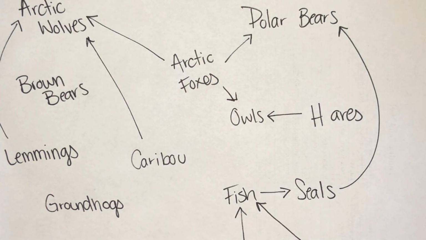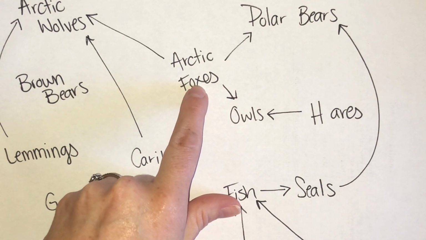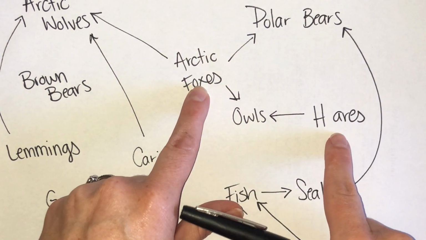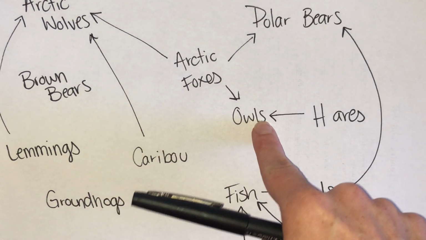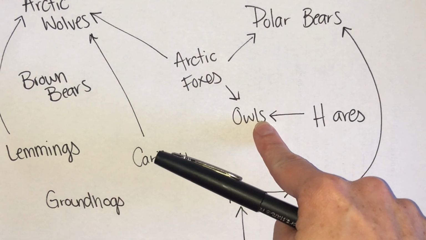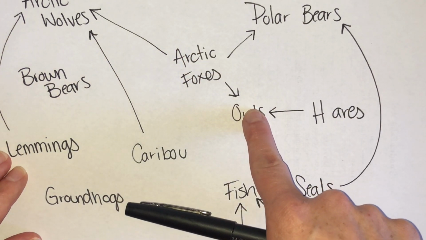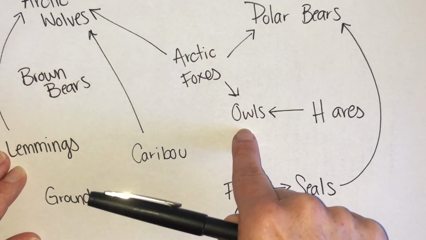That's just because of the location where I wrote Arctic foxes. Again, the arrows don't always have to go up. Sometimes they can go to the side or down, depending on what is eating what, okay? So the owl eats the Arctic fox, therefore the arrow goes down from Arctic fox to owls.